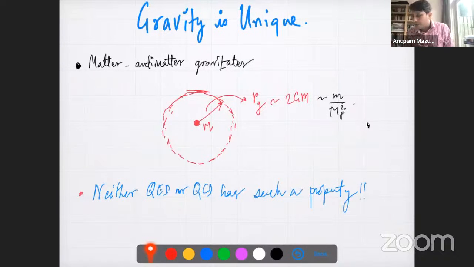If you place a mass, it doesn't matter whether it's matter, antimatter, charged, uncharged. As soon as there's a mass, it creates a gravitational radius, which is given by the Schwarzschild radius, m over m Planck squared.